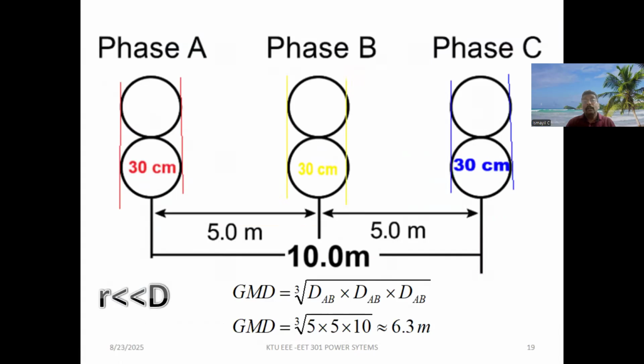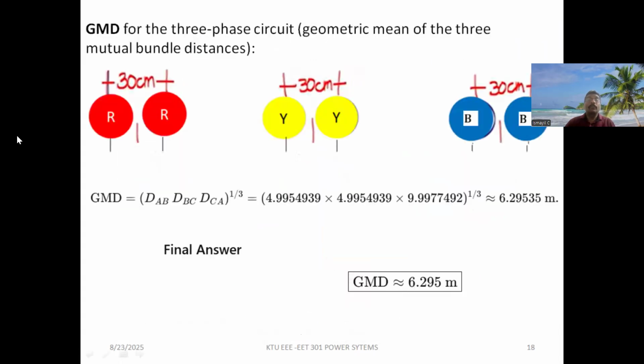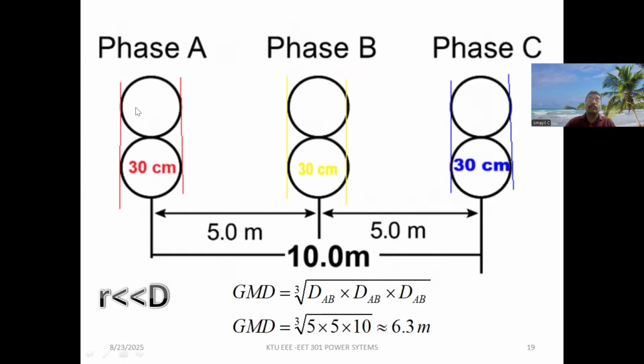Now, in the problem, nothing is mentioned about the orientation of the conductor, whether it is horizontal like this or vertical like this. The second thing is, compared to the radius of the conductor, the distance will be very, very large.